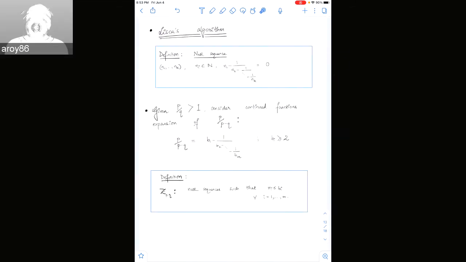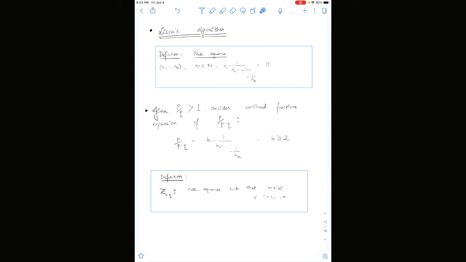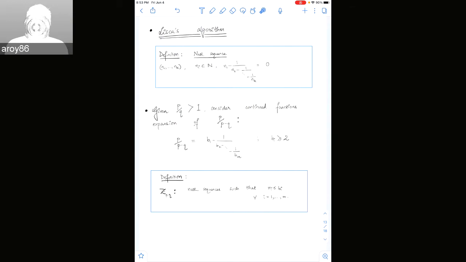So, given that, now consider a rational number bigger than 1. Suppose it can be written as P over Q, then consider the continued fractions expansion of P over P minus Q. And suppose the entries in that expansion are all positive integers that are at least 2.